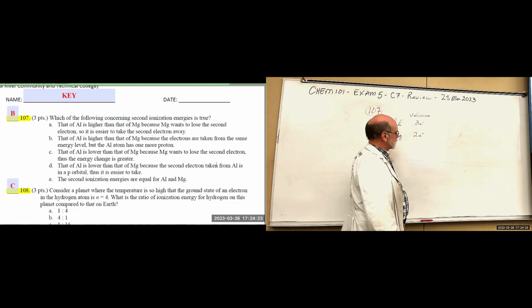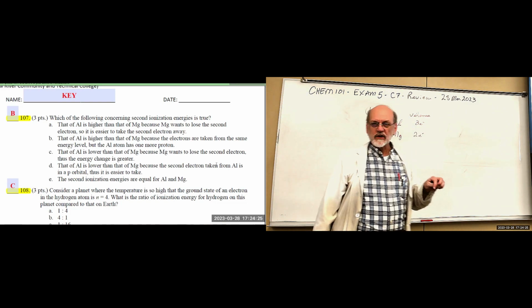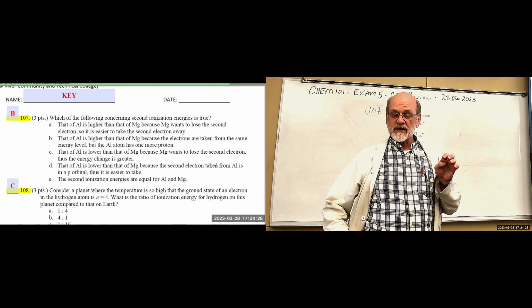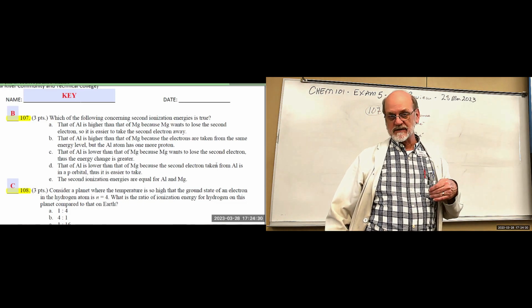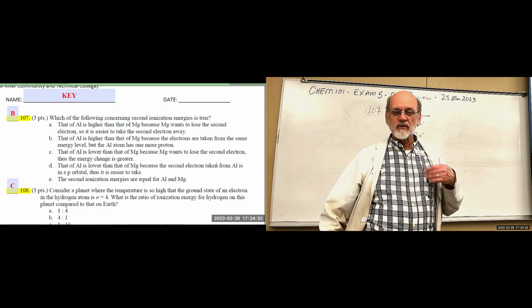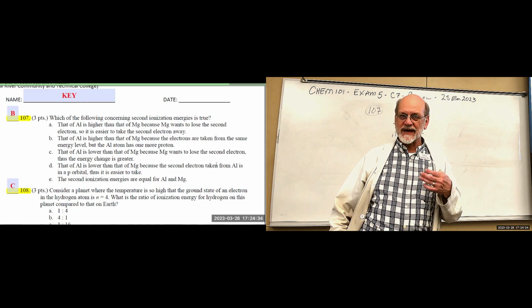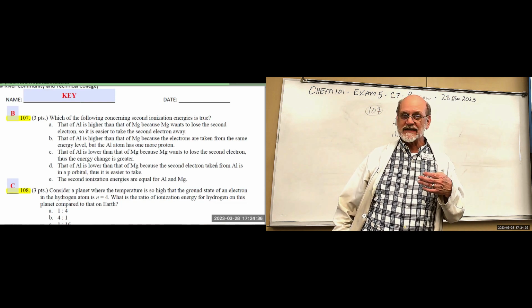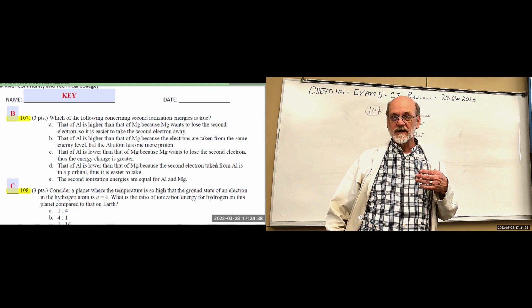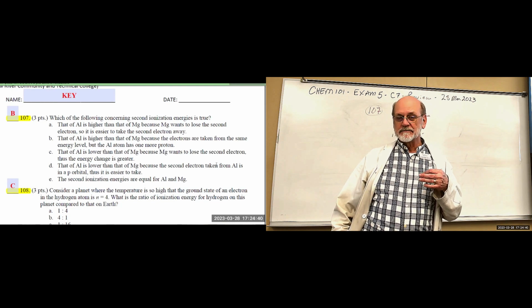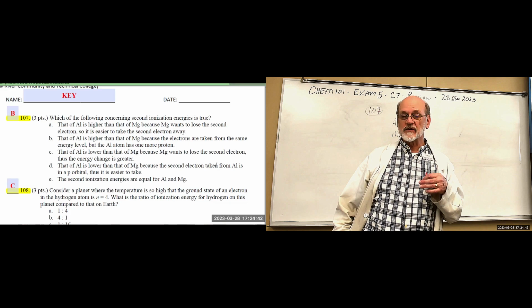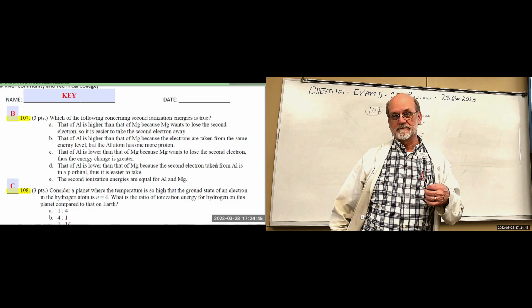Ionization energy increases from left to right. So aluminum should have a higher ionization energy in the first place and the second place. So aluminum has a higher ionization energy than magnesium, not because magnesium wants to lose the second electron, but because aluminum wants to hold on to its electron more.